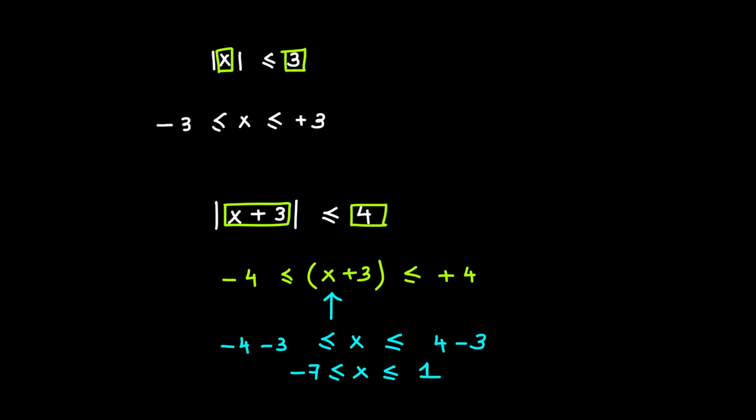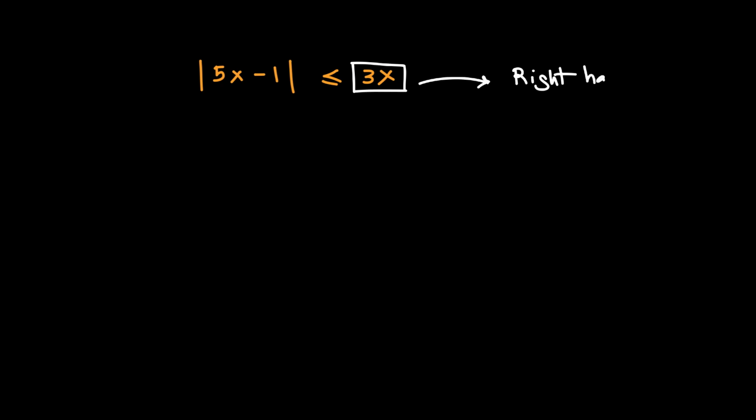Let's look at another example. Something like 5x minus 1 modulus is less than or equal to 3x. How is this question different from others? This time, on the right hand side, we see no constants, but instead we see an x term.